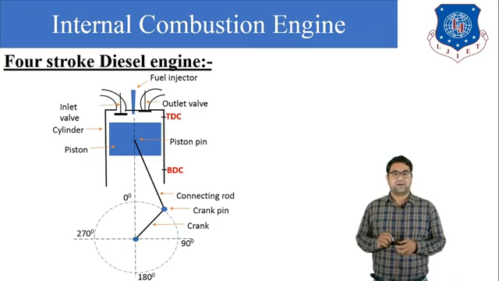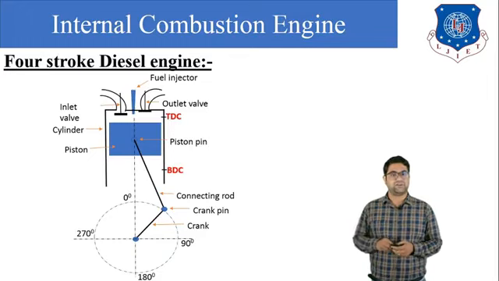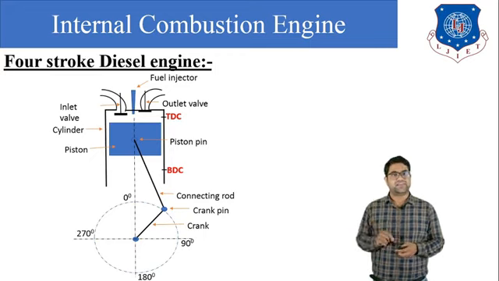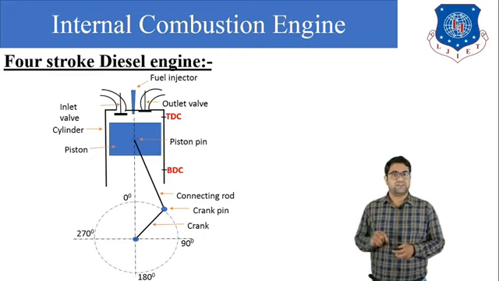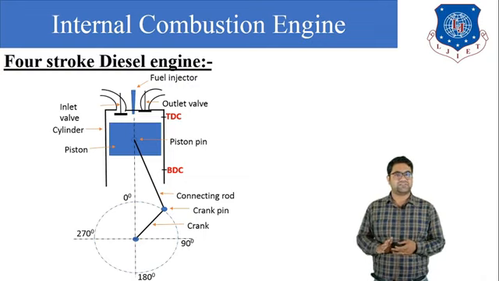Now the second difference you can see: in the petrol engine the mixture of petrol and air was generated in the carburetor, but here in the diesel engine no carburetor is present, so only air is directly introduced during the suction stroke. So this is the second major difference.